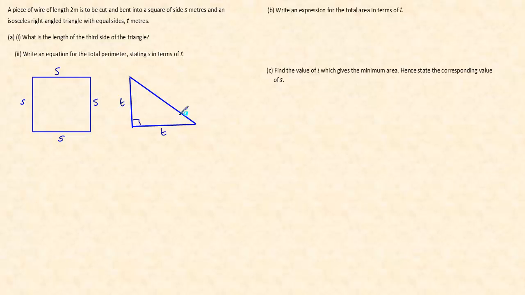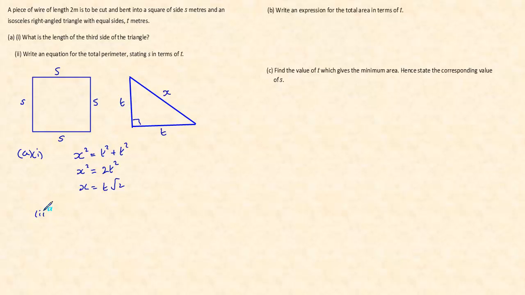So using Pythagoras' theorem, if we call this one x, we get x squared is equal to t squared plus t squared. x squared is equal to 2t squared. So x is equal to t root 2. So that's the answer to A1.